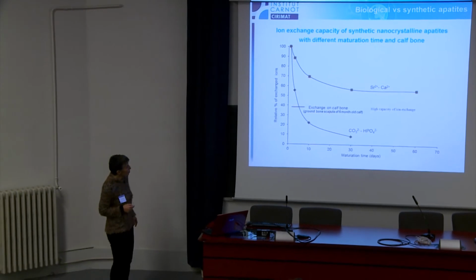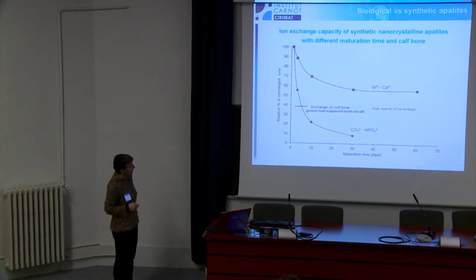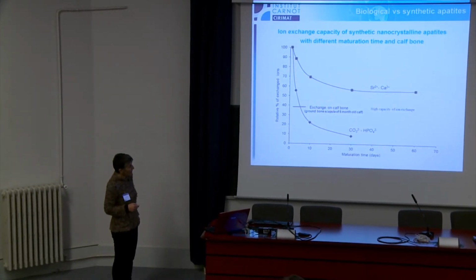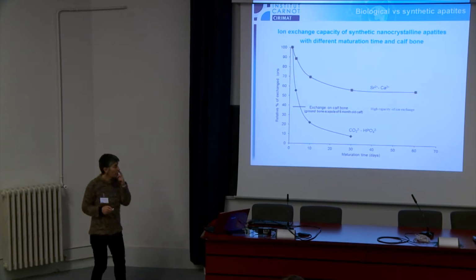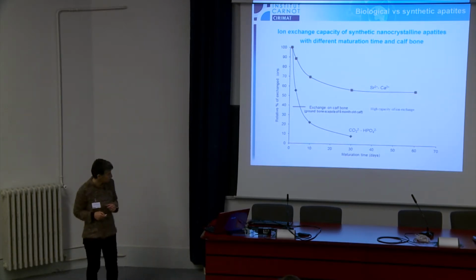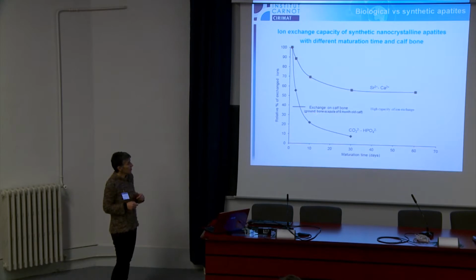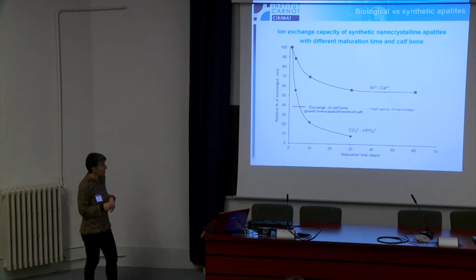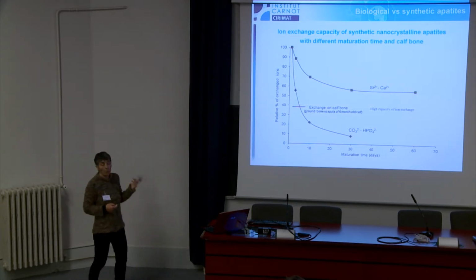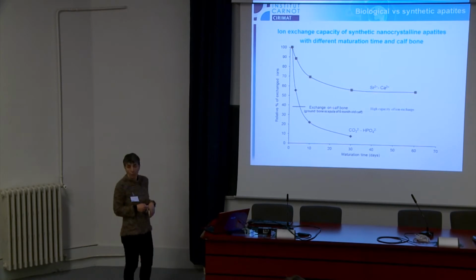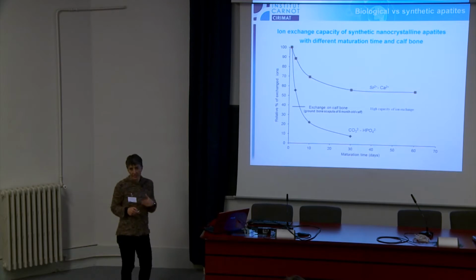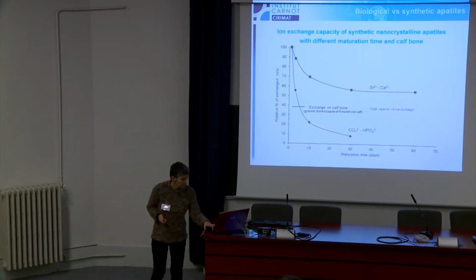And here we put the result found when we perform exchange on calf bone. The bone is ground. We were very surprised that this value is also quite high for biological apatite. So there is also a high capacity of ionic exchange for biological apatite.